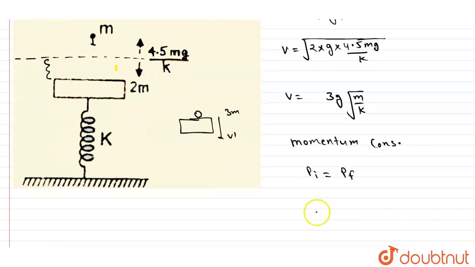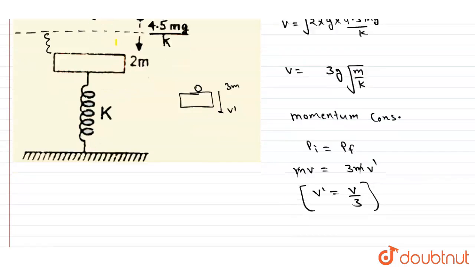Initially only the mass m particle moves, so you can write mv equals 3m v dash. Here m and m cancel out, so v dash will be v by 3. It is 1/3 of the initial velocity.